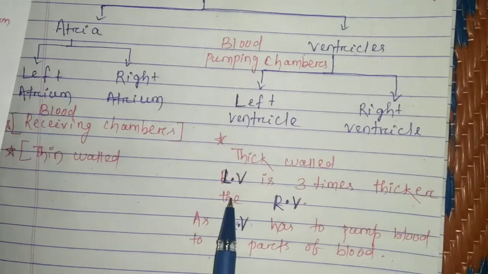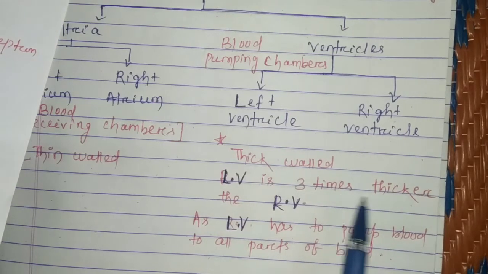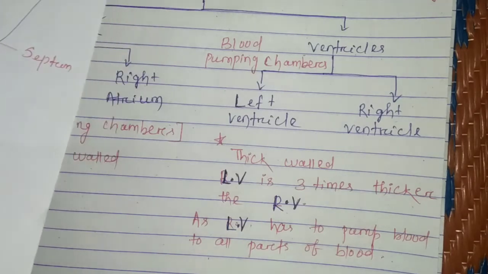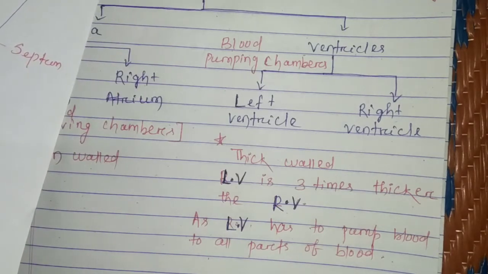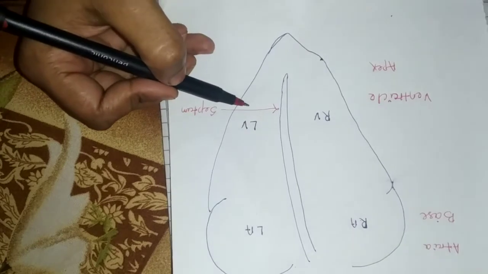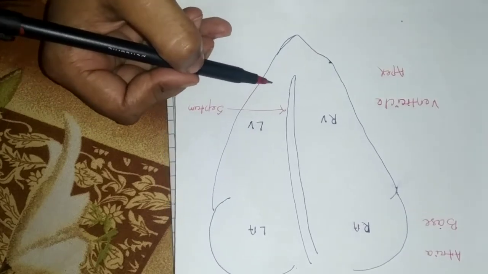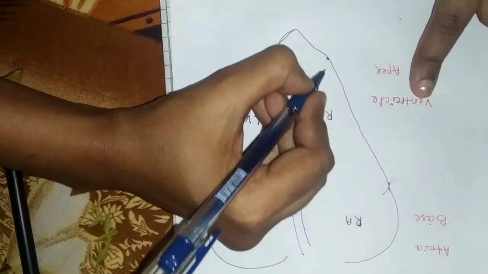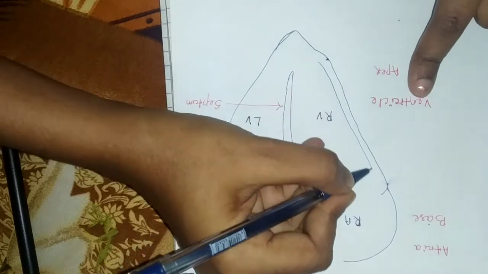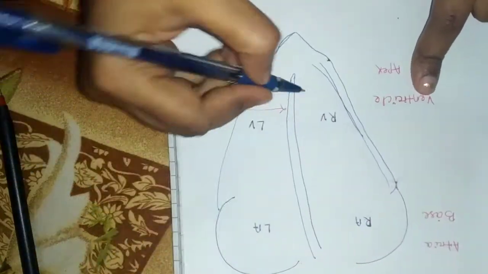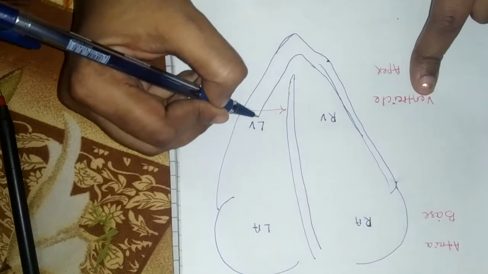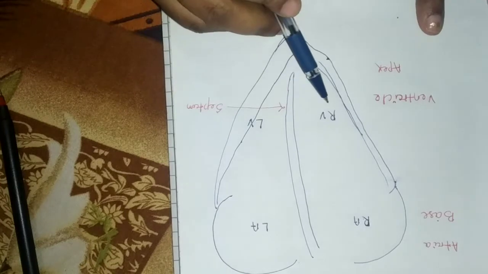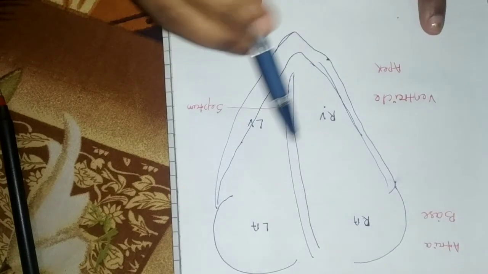The right ventricle is thick, but the left ventricle is three times thicker than the right ventricle, because the left ventricle has to pump the blood to all parts of the body, whereas the right ventricle has to pump the blood only to the two lungs.